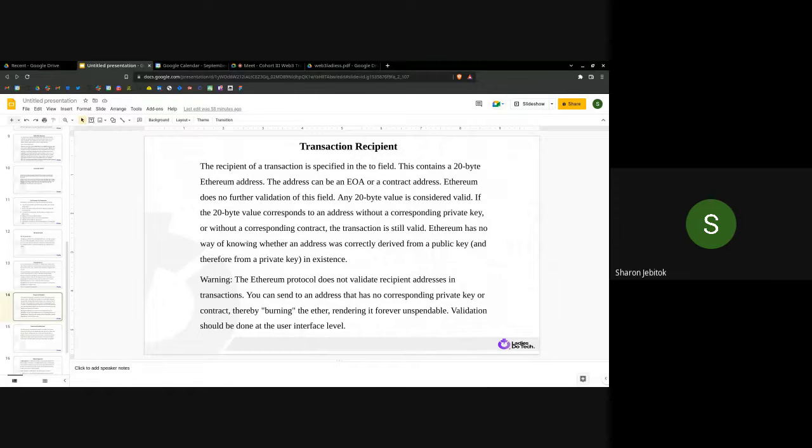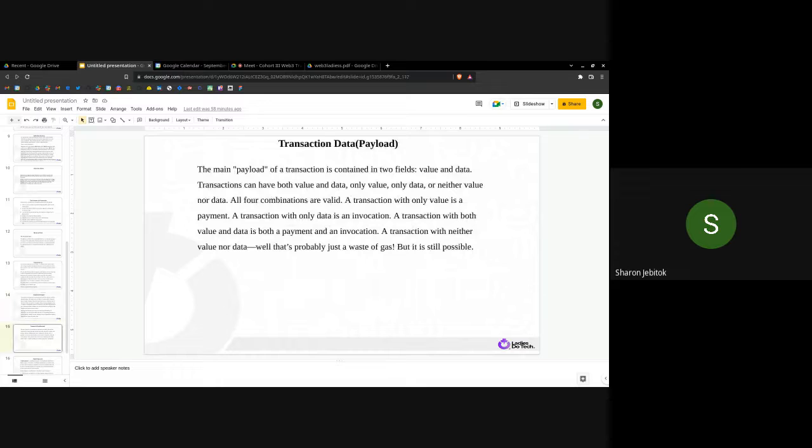At the user interface level, it could just be on a wallet like MetaMask, or if the wallet was on an exchange, you still try to validate it before making that transaction. The next field is the transaction data, or the payload.